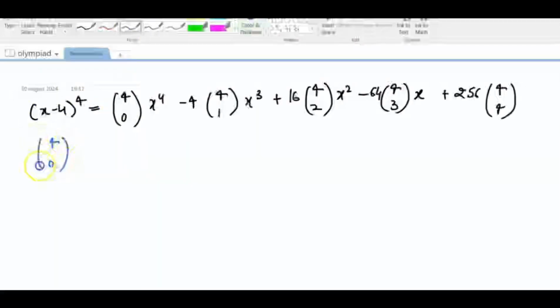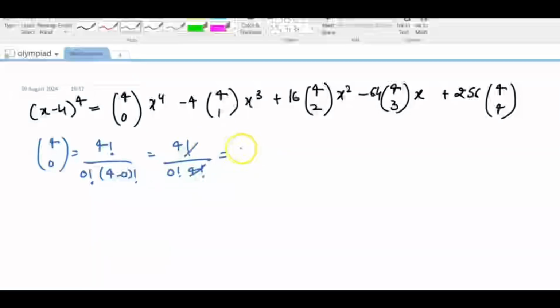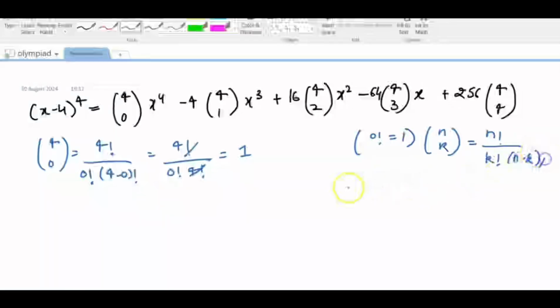So 4 choose 0 would be factorial 4 divided by factorial 0 times factorial 4 minus 0, so this will be factorial 4 divided by factorial 0 times factorial 4, and this will be 1. Factorial 0 is 1, and we are using the formula n choose k is equal to factorial n divided by factorial k times factorial n minus k.